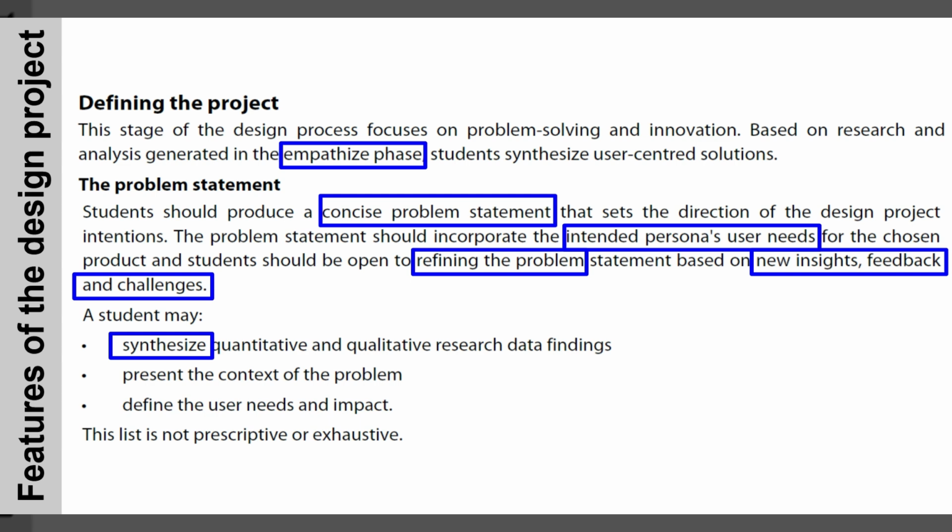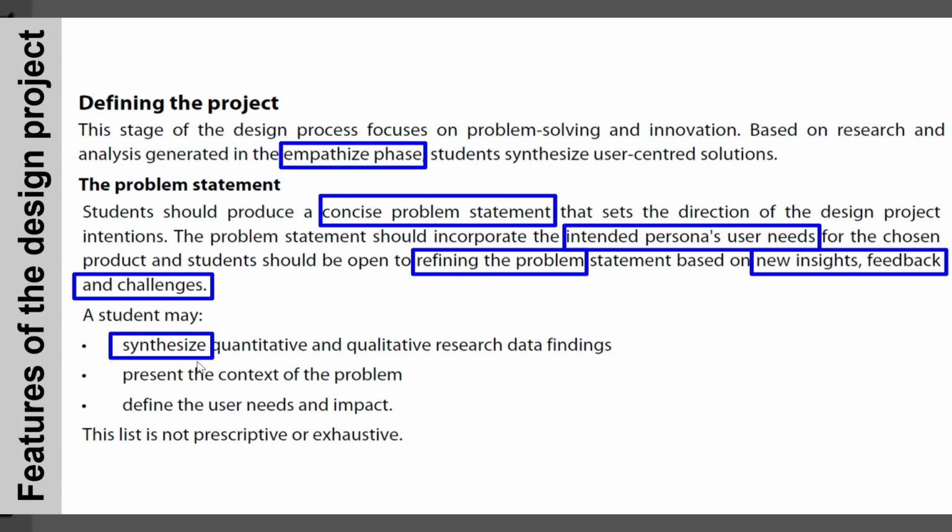What the IB are looking for is a paragraph of information highlighting the key bits of information, the important pieces of information that you got from an interview. So that's what synthesis means, basically.